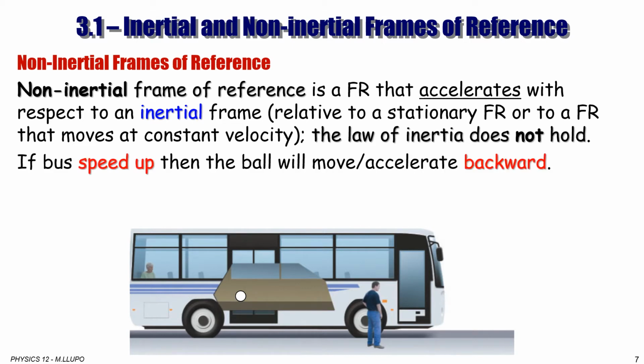So if the bus speeds up, that means a change in acceleration, a change in motion. Then what is going to happen? Because all objects that have mass have inertia, they try to resist the change in motion. And since the ball is on that floor, it can roll back, and that's pretty much what happened. We already talked about this when we talked about inertia.